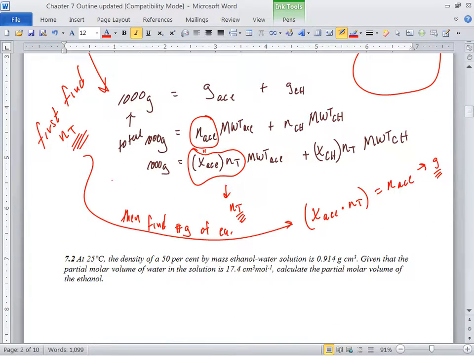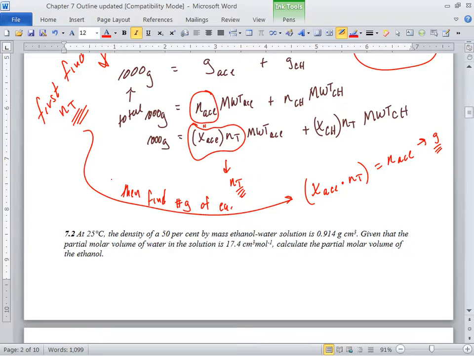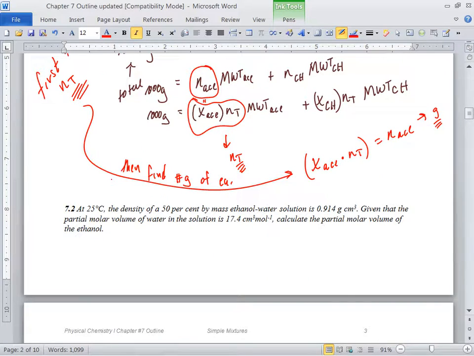The density of a 50% by mass ethanol water solution is 0.914. So calculate the partial molar volume. They want the partial molar volume of ethanol. It should be this type of thing again, right?